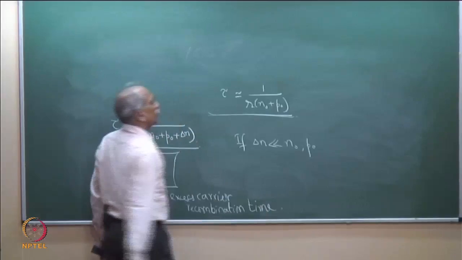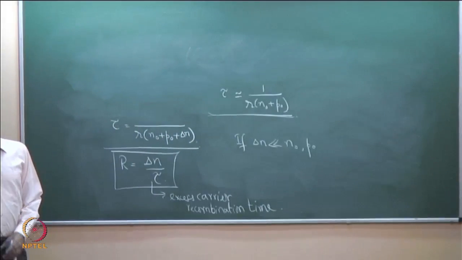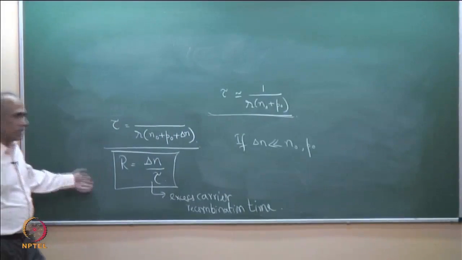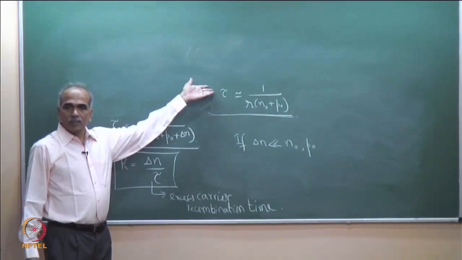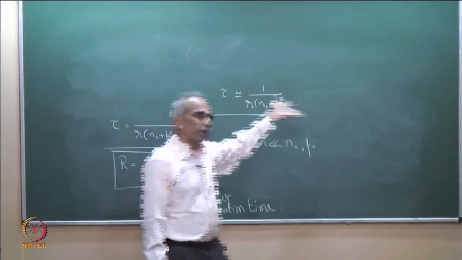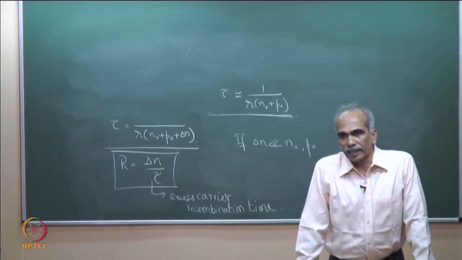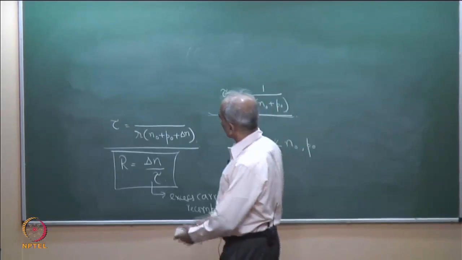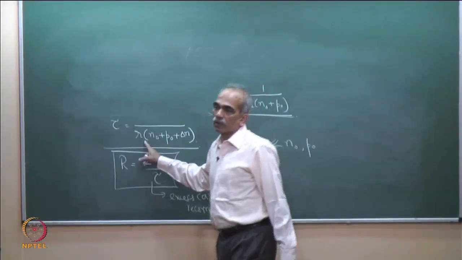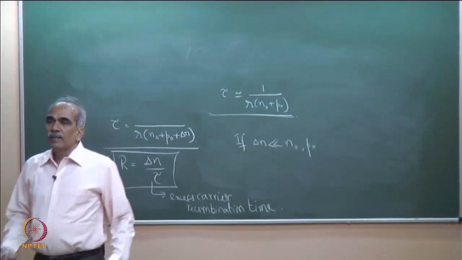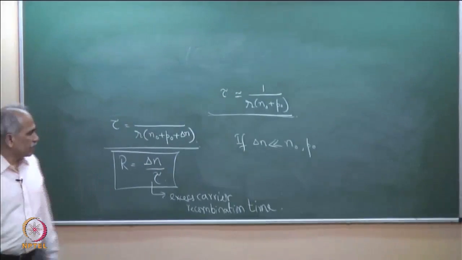R is a material parameter. Why we are interested in bringing tau is because time is a measurable parameter. That is, lifetime of carriers is a measurable parameter. Experimentally you can measure. This was just a rate constant, proportionality constant, but tau is a recombination time which is a measurable parameter.